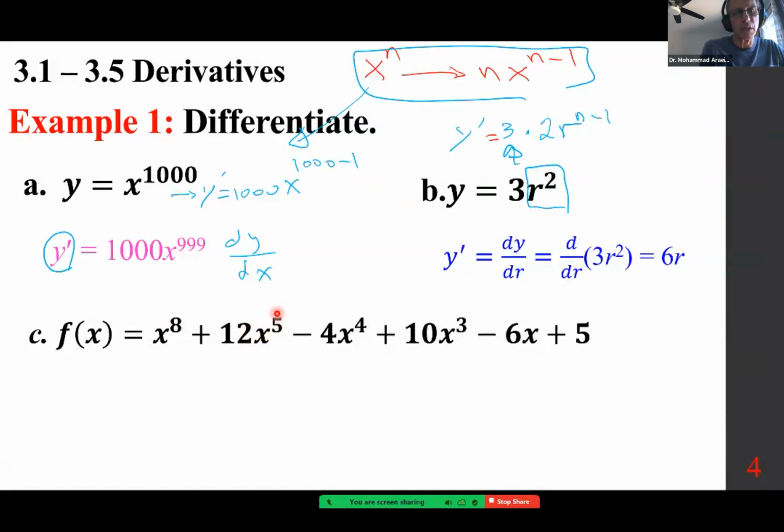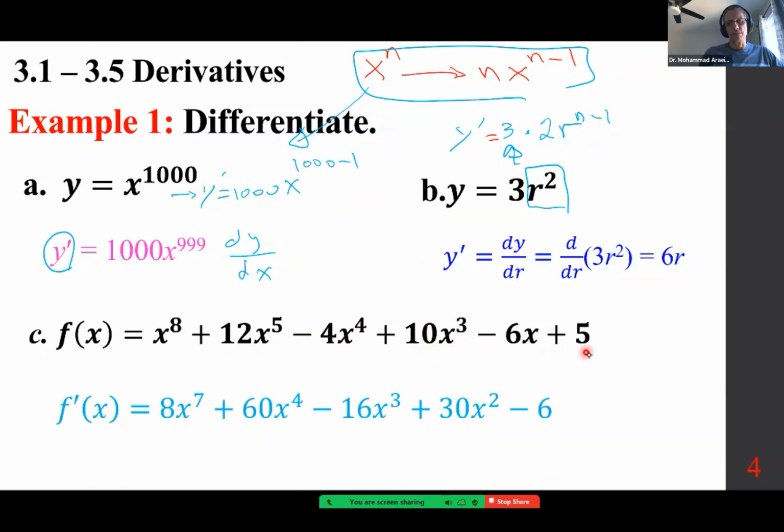You're going to multiply it by 5. 12 times 5, 60x to the power of 4, minus 4 times 4, 16x cubed, plus 10 times 3, 30x squared, minus 6, and a constant results in 0.